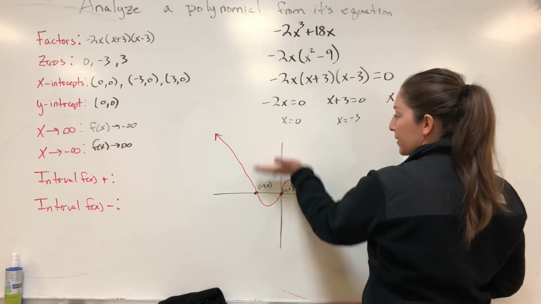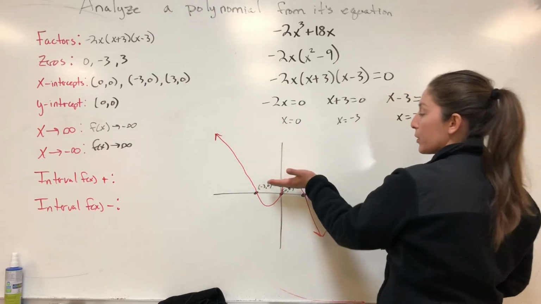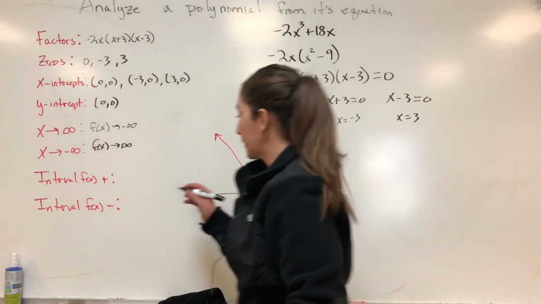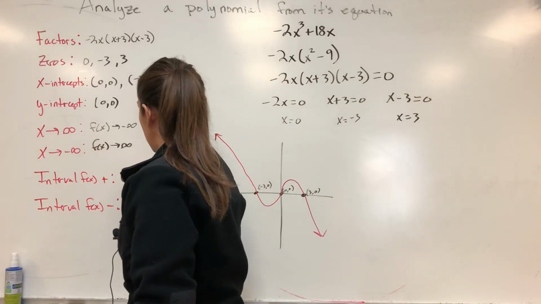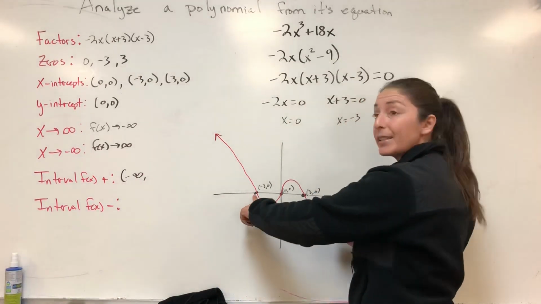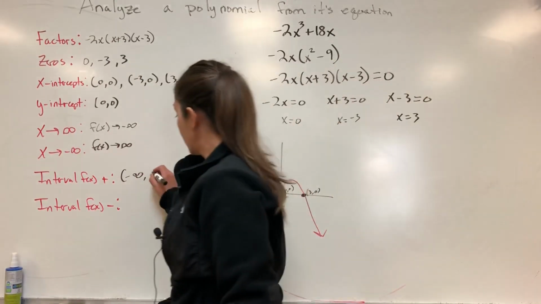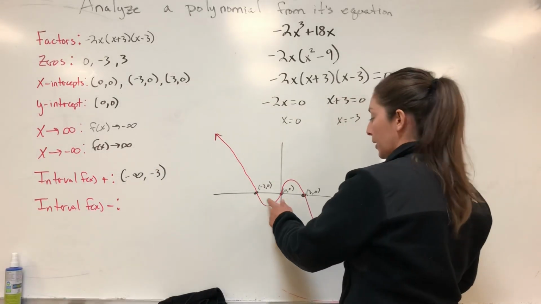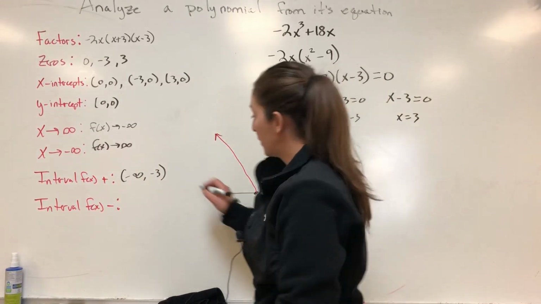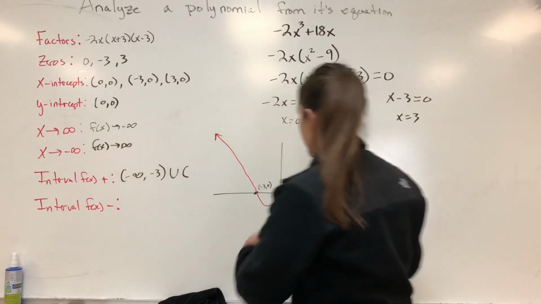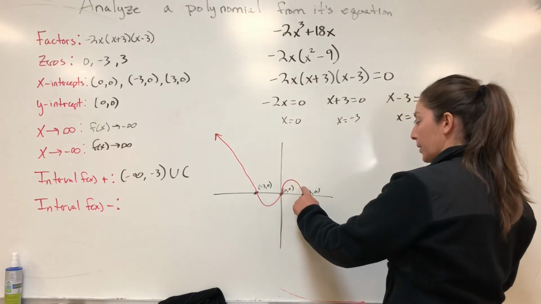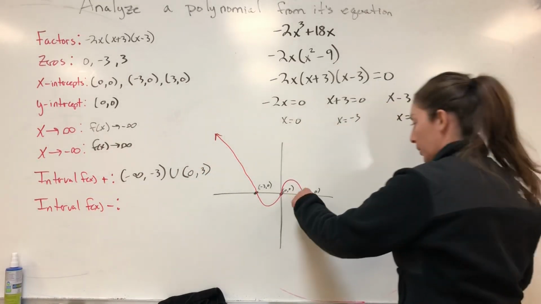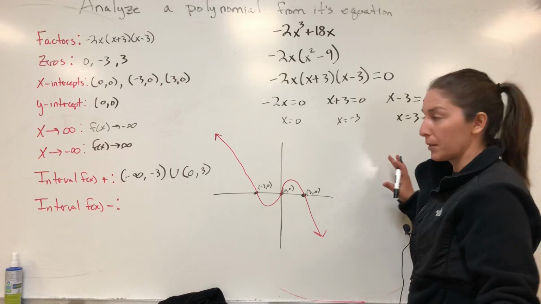Well, it's up here coming in from -infinity, and it stays positive until it hits its intercept. Then it goes negative, and then it comes positive again at 0. So we're positive from 0 all the way to 3, the interval from 0 to 3. And then it looks like we're negative again, so no more positive.